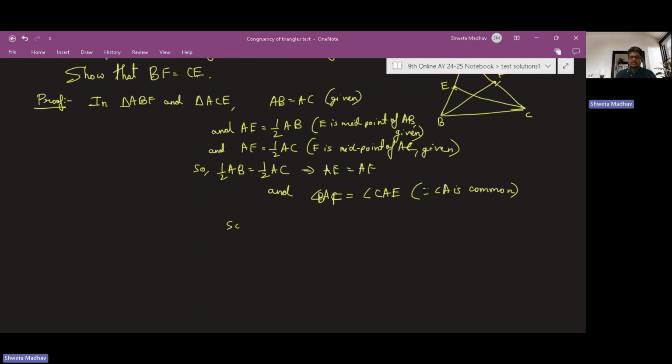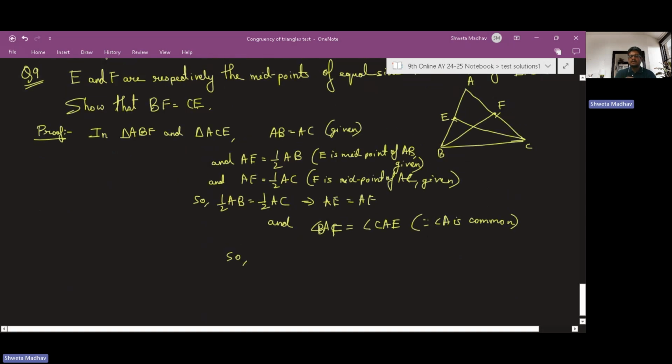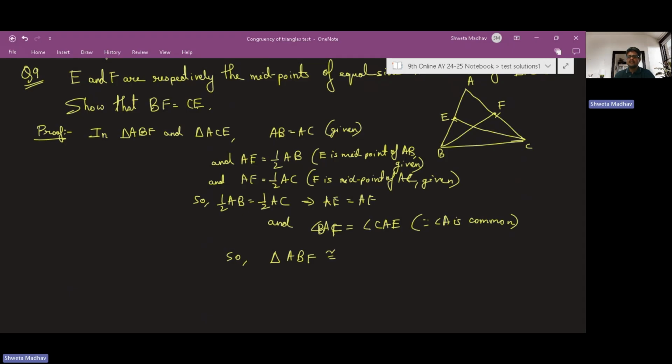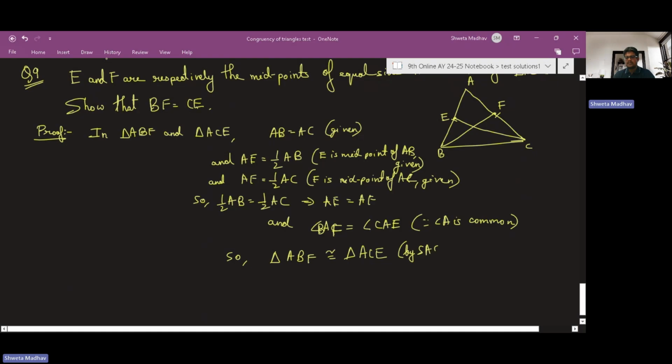So therefore, AB and AC are equal and AE is equal to AF. So two sides and the included angle are equal in these two triangles. So triangle ABF is congruent to triangle ACE by the SAS rule of congruency.